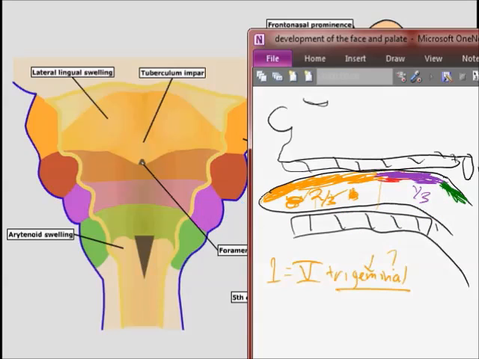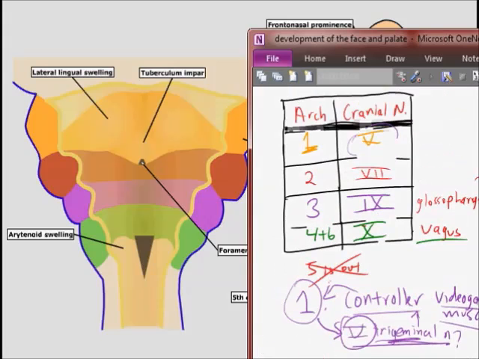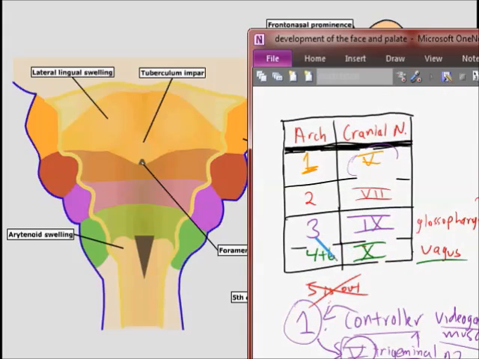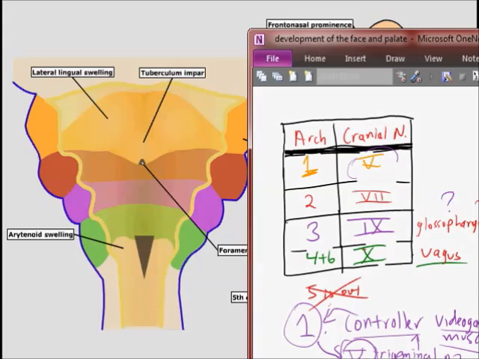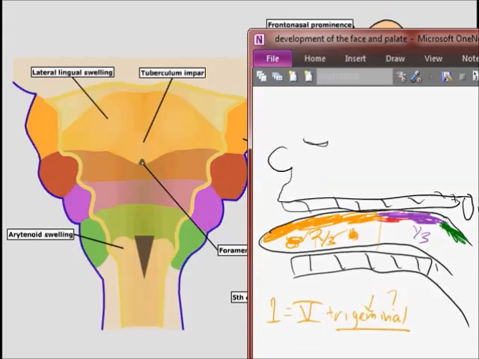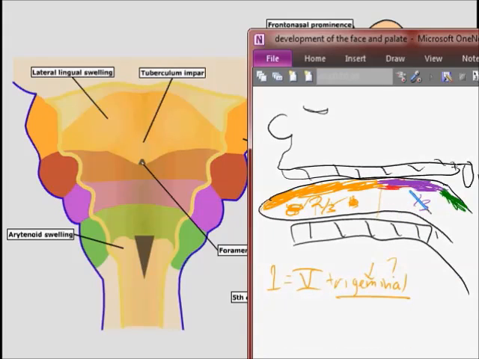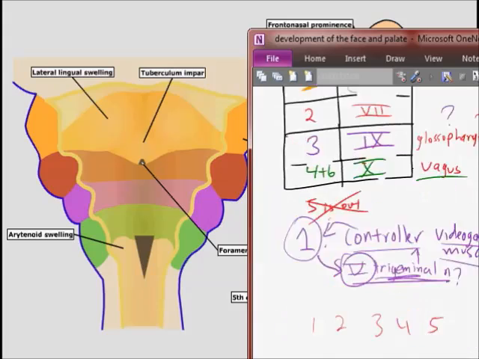So the back of your tongue, according to our information so far, is arch number 3, innervated by nerve number 9. Glossopharyngeal, again, don't quote me on that yet. So arch number 3 has nerve number 9, I believe it said. Right, check back. Yep, nerve number 9.